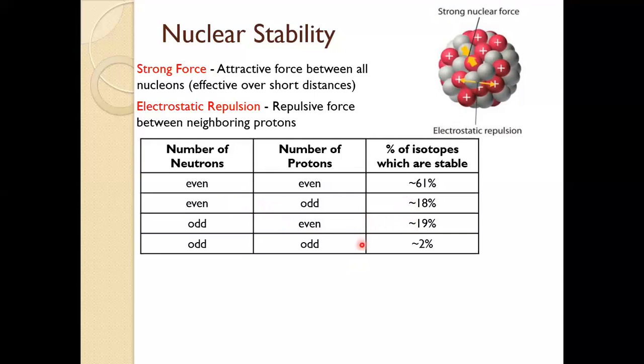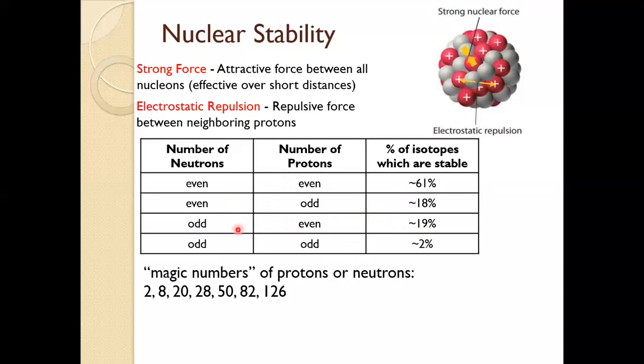And only about 2% of all the stable isotopes that we know of have both an odd number of neutrons and an odd number of protons. So there's something special about having either an even number of protons or an even number of neutrons, or especially both. That's what we can learn just from observation.